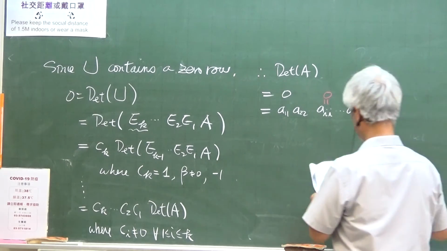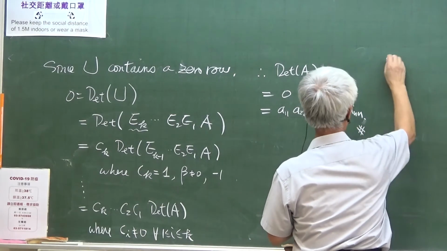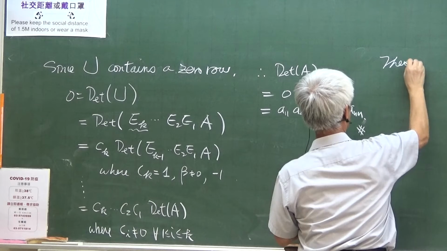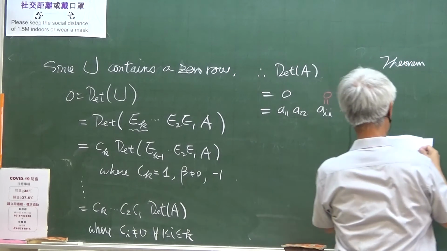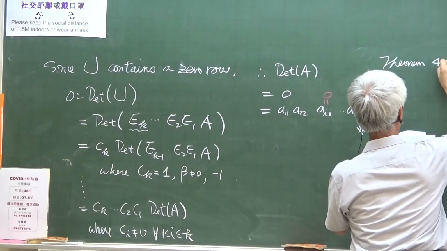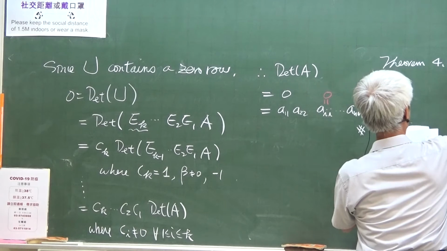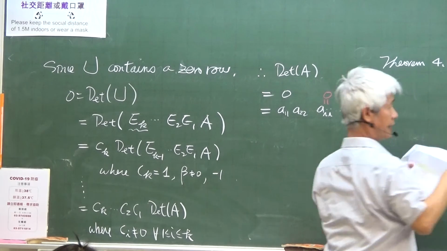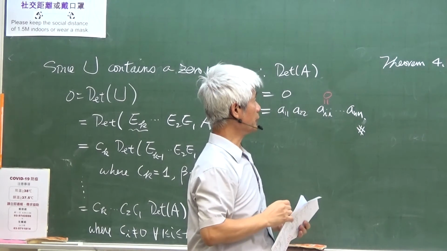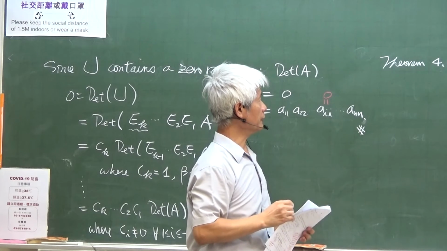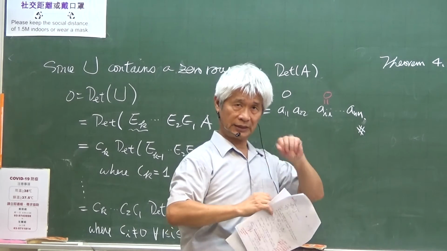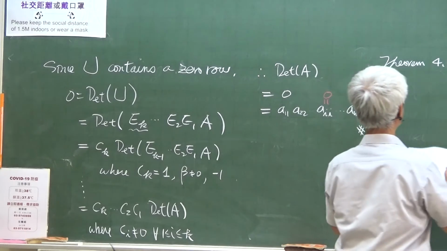Alright, so if there are no questions, then I move to the next theorem. It's theorem 4.1.4 plus 5. So I combine theorem 4.1.4 and 4.1.5 in the textbook together. Okay.